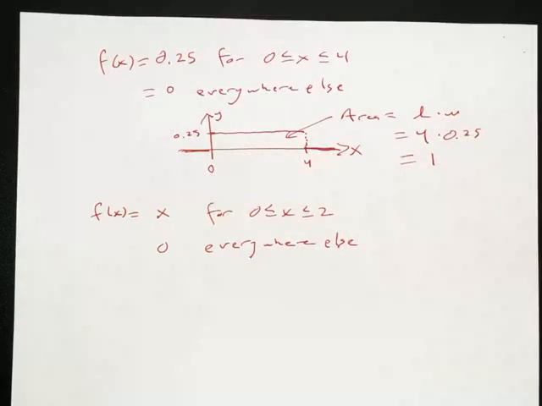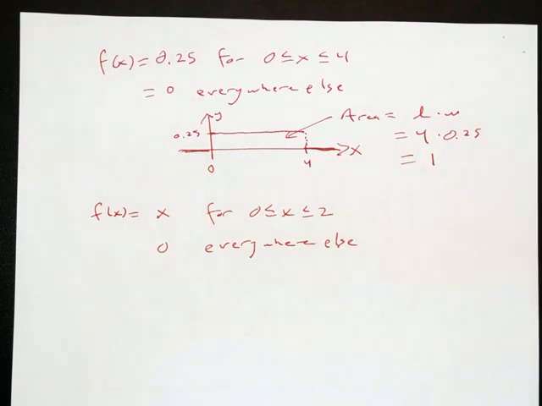Here, our function is defined to be f of x equals x from 0 to 2. Yeah, well, I got to draw a picture first. What's the picture look like? Aha. So this line goes this way instead of being horizontal.